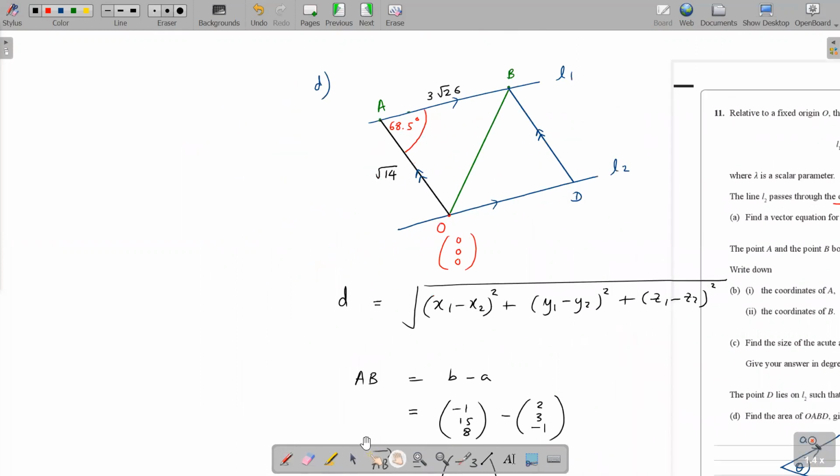I'll do it over here. So area of triangle ABO is half AB sine C. So half, OA is root 14, AB is 3 root 26, times sine 68.5. Do you agree with me? And then the area of the parallelogram will be twice of that.